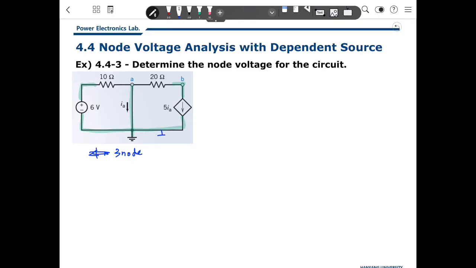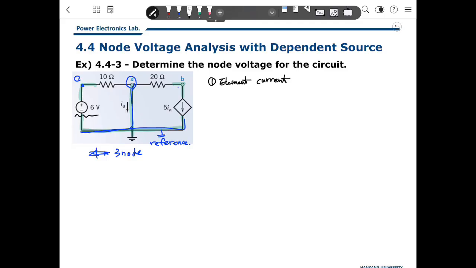So I will choose this as the reference node. So A is the reference node, and B and C. I choose the name C. Then to make the load current here, we need to check what the element is.